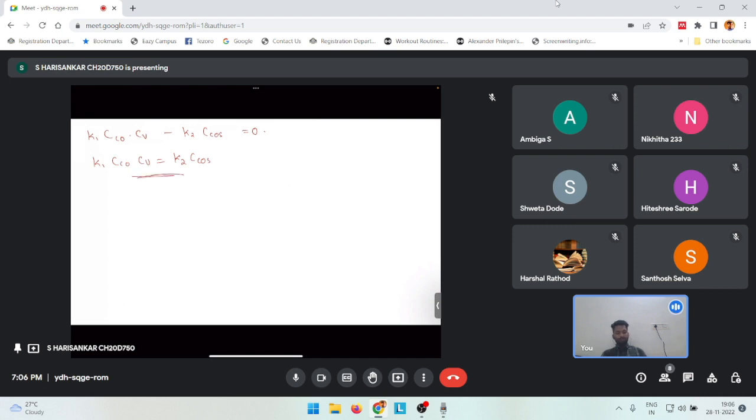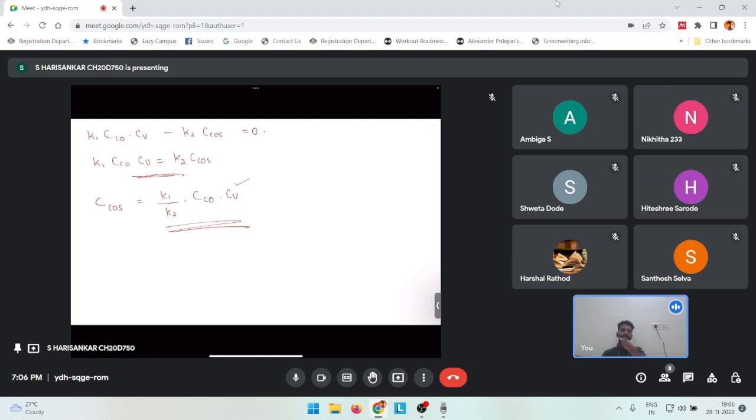Now we want to find a term for CCOS. So this CCOS will be K1 by K2 into CCO into Cv. Now we need to find a term for Cv, because as I said, determining this concentration of your vacant active sites is pretty difficult.